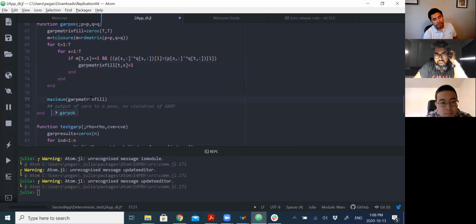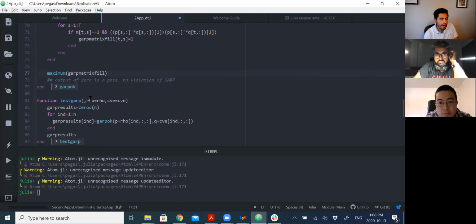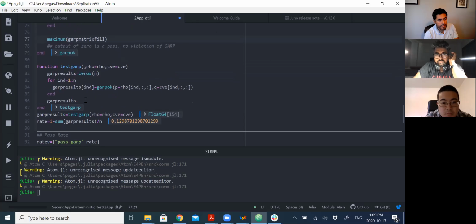And then I take the maximum of this matrix. So whenever there is 1 violation, I'm done, right? So this is no longer rational. So my test of GARP is going to run over individuals from 1 to 153. And then it's going to be basically 1 or 0. So if it fails, GARP is 1. If it satisfies, GARP is 0.